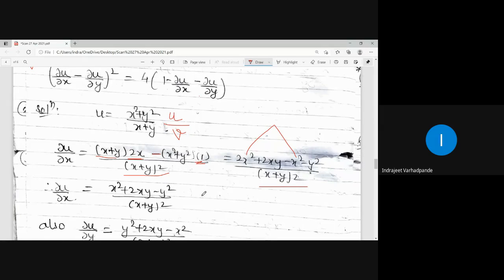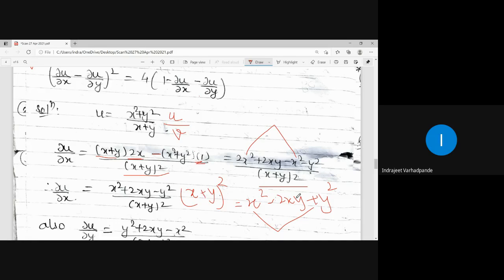Yes. Though we have (a minus b) whole square, first and last terms are always positive. If you have (x minus y) whole square, what is that? It gives you x square minus 2xy plus y square, right? Always, though it is plus or minus, first and last terms are always positive.